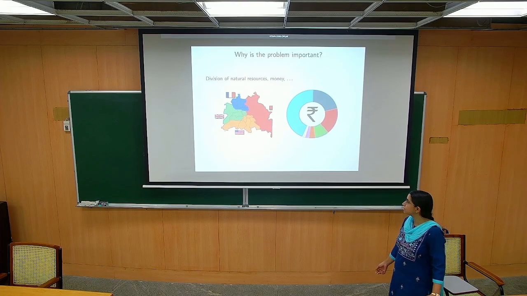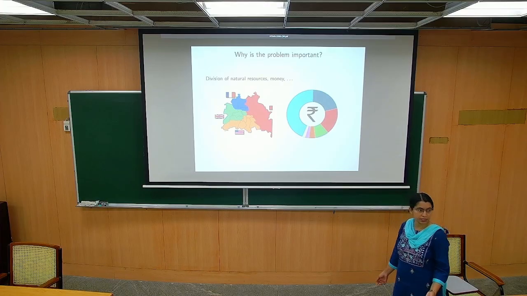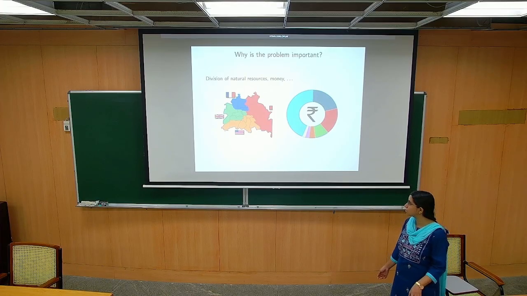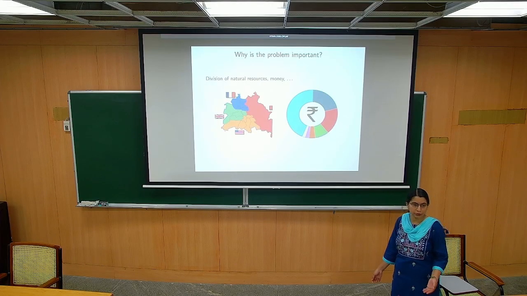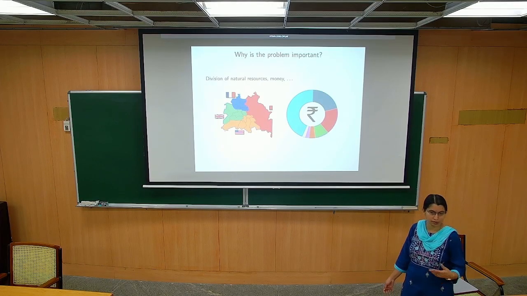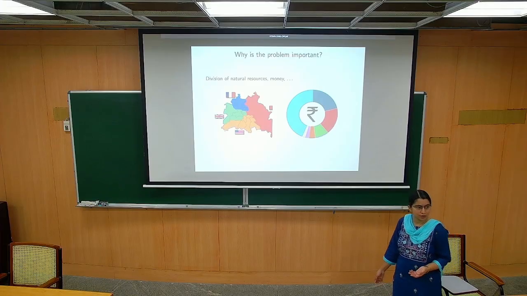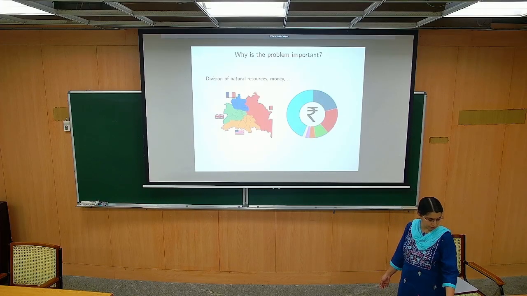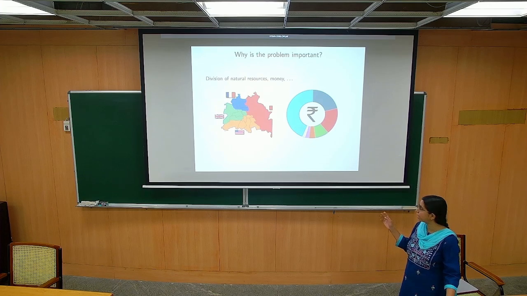In all these things, there are competing agents and they want the central authority to be fair. Even our central government, when they allot budgets, obviously there are people who complain about not being fair. This is a very difficult problem, so to say, and very important and unavoidable still. So we will keep in mind that fair division of cake actually has lots of applications, but we will only talk about cake.